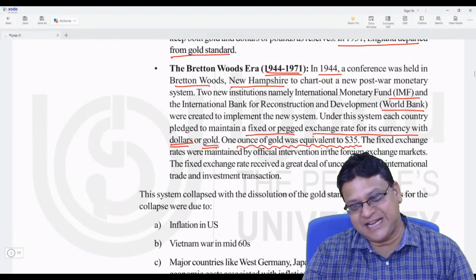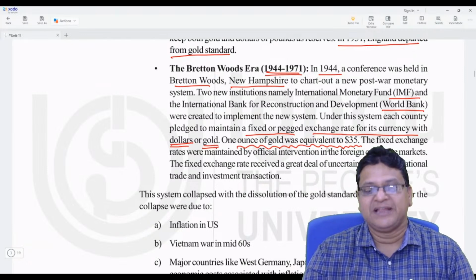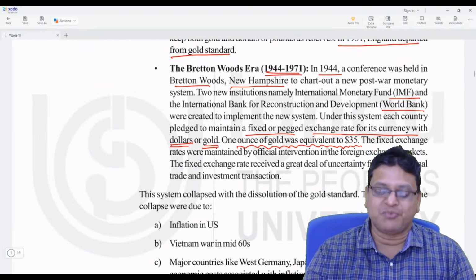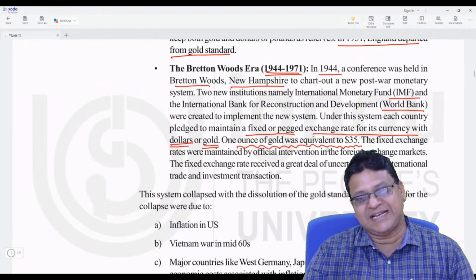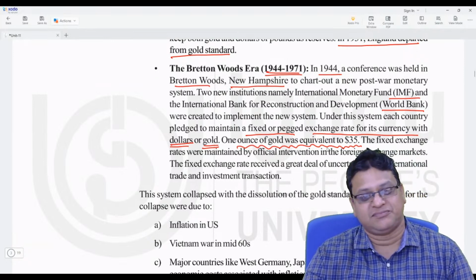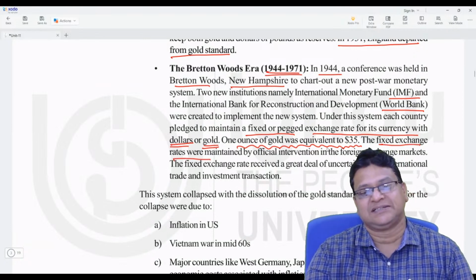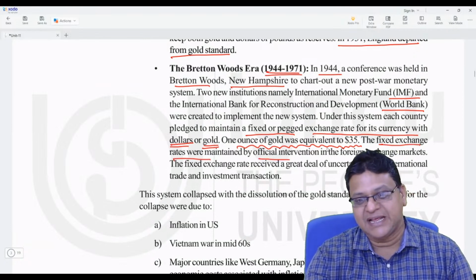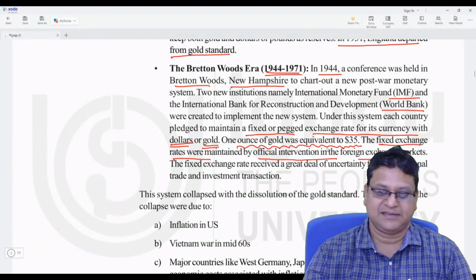The US gave a guarantee that anybody who gave it $35, it would give 1 ounce of gold. So most of the countries were retaining gold reserves or dollar reserves, and they followed a fixed exchange rate which was maintained by official intervention in the foreign exchange market.